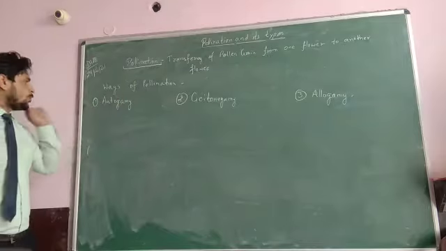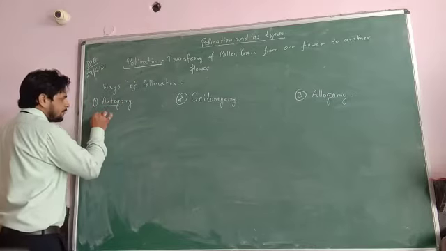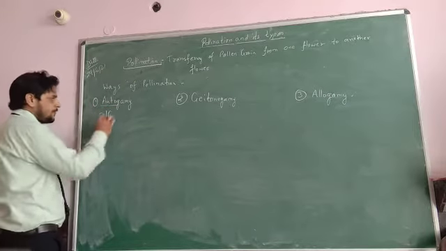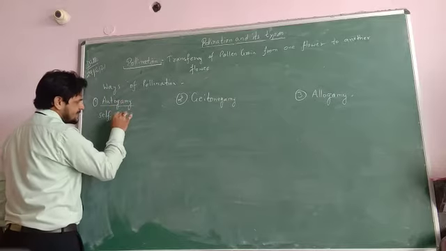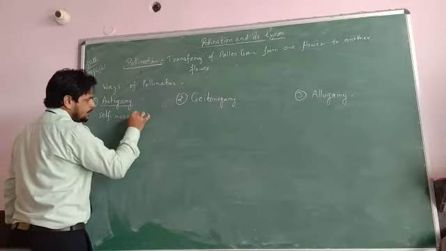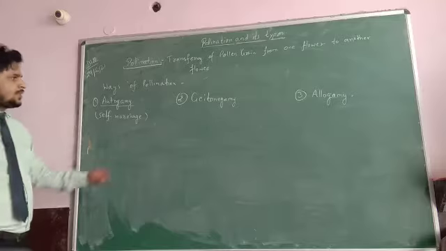What is autogamy? Auto means self, and gamy means marries.